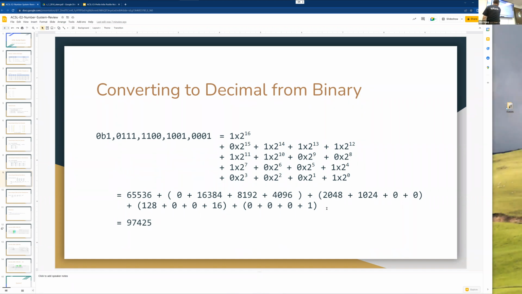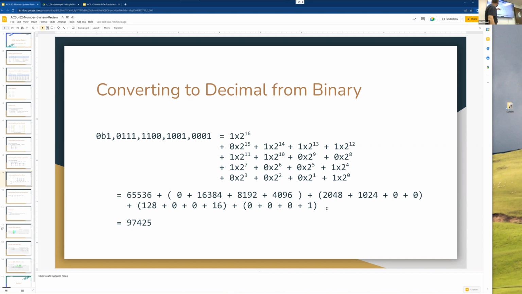this is 16, right? So let's say if we go from the last digit, which is a 1, the lowest digit is a 1, which is 1 times 2 to the 0, right? And the next position is 0, that's this 0, 0, 0. All these could be ignored, but for completeness, I just wrote them all down so that we don't miss anything.